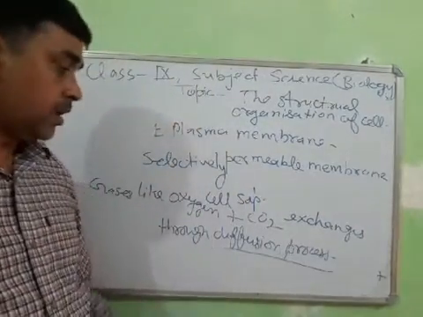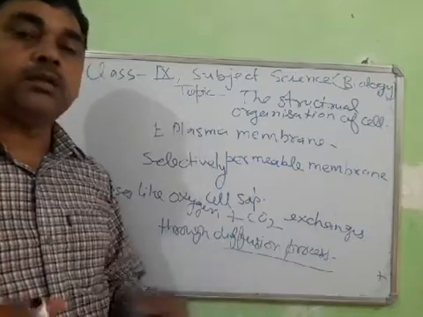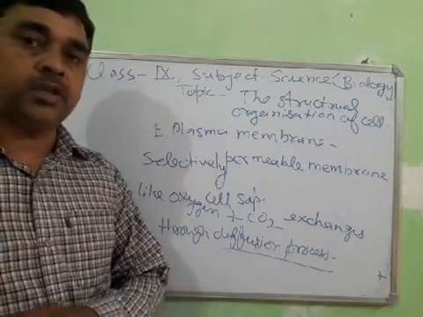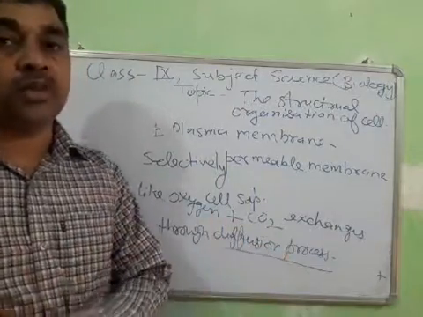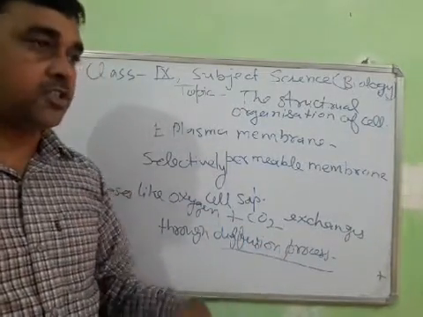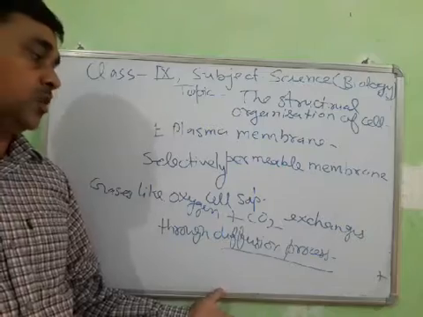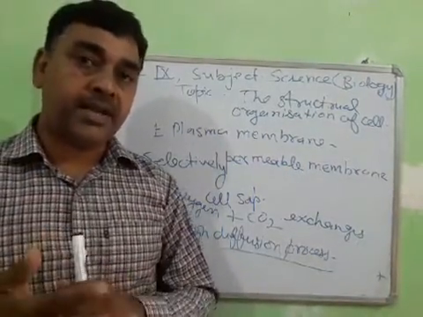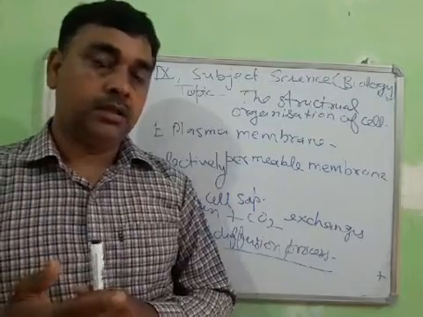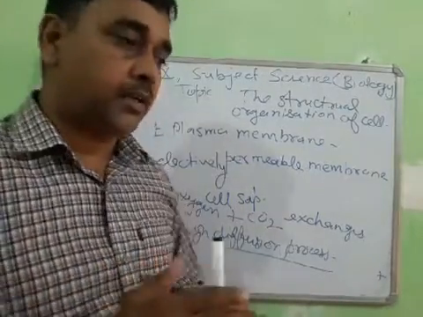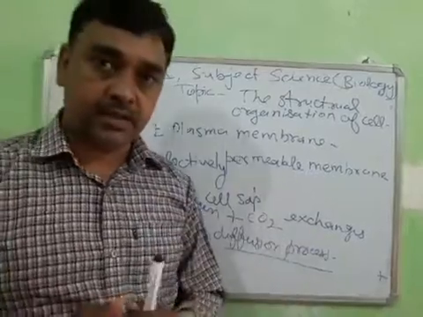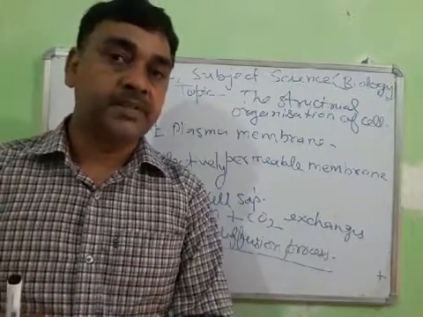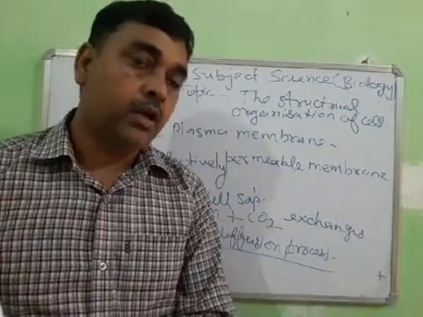So what is diffusion? The movement of water or any solution from higher concentration to lower concentration is known as diffusion. Suppose the carbon dioxide level increases inside the cell compared to the external environment.